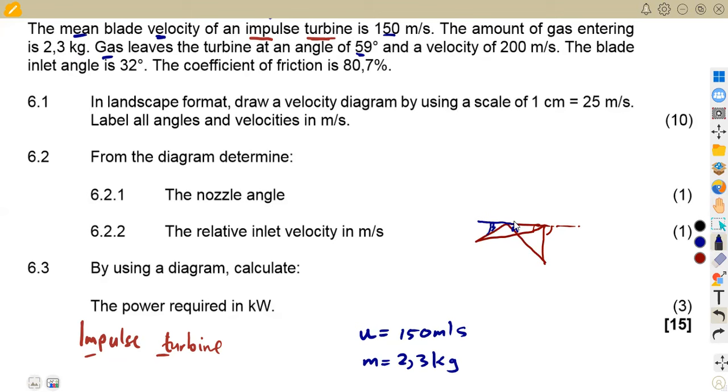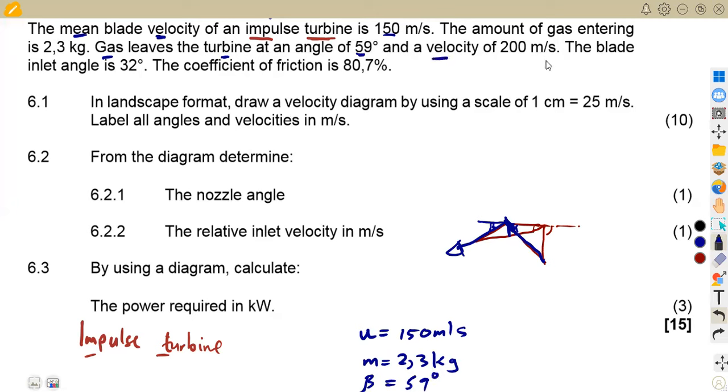In this case, the alpha and the beta: alpha is for the steam or gas entering the turbine, and beta is the exit part. So there we are given that the gas leaves the turbine at 59 degrees. We are given the value of this exit. It enters at this angle alpha, then it passes out at angle beta. So we are given the exit, which is our angle beta in this case. All right, so we have got the exit angle beta of 59 degrees.